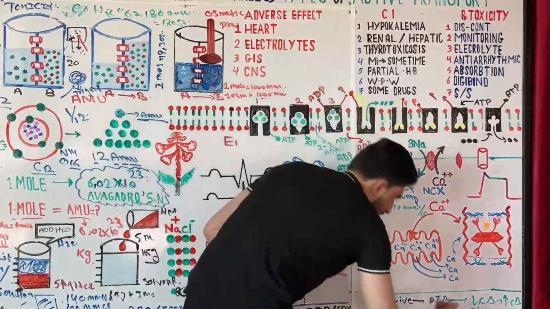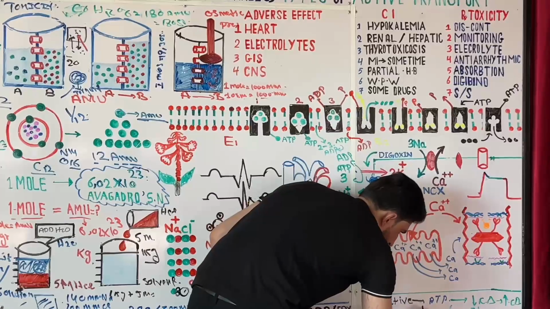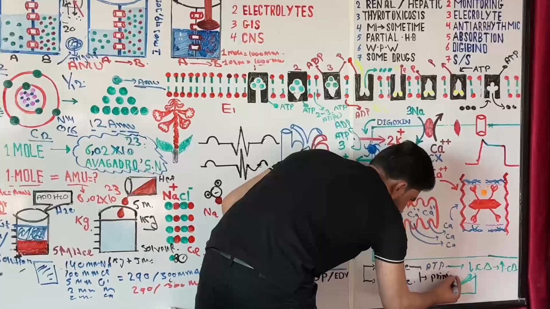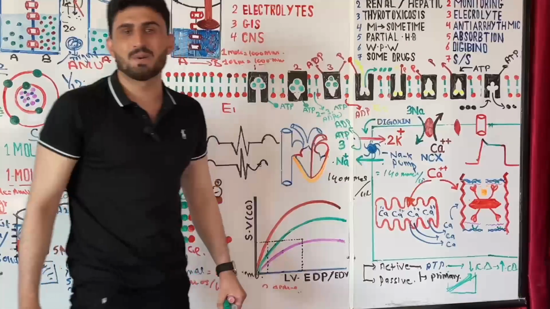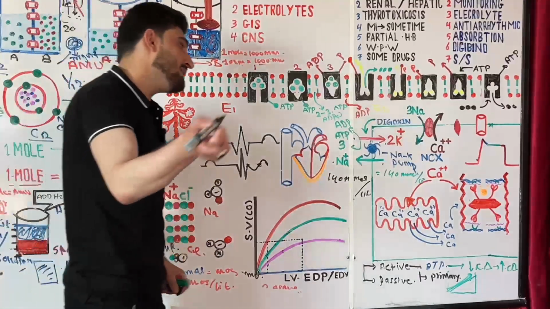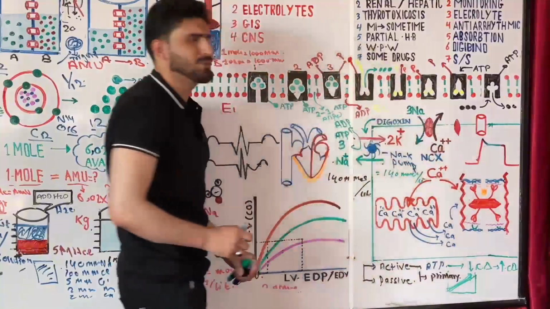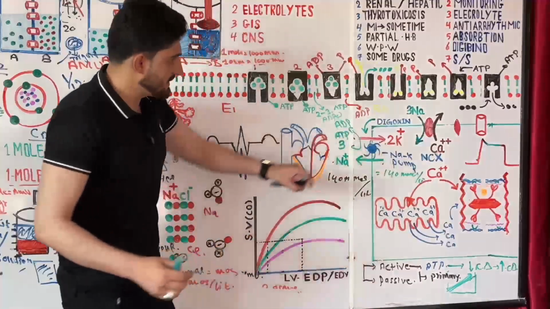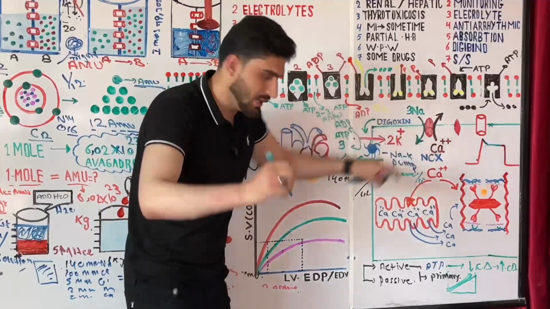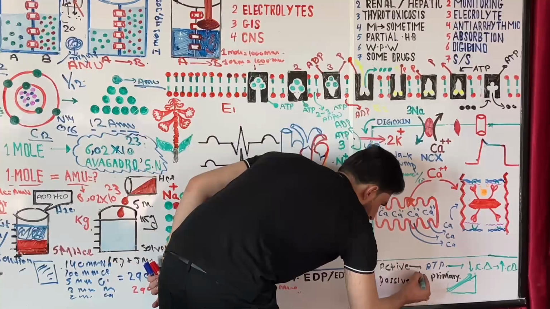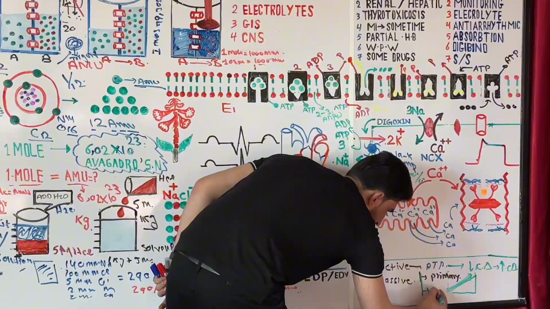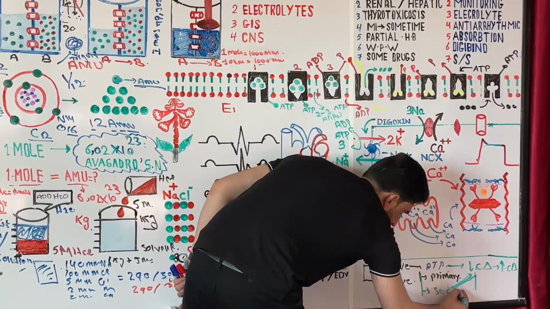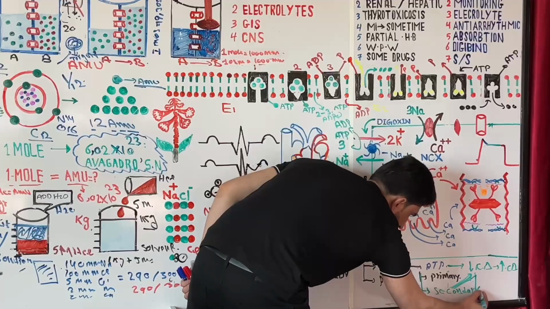This type is called primary active cell membrane transportation. We have another type which uses energy indirectly. This type is called secondary active transportation.